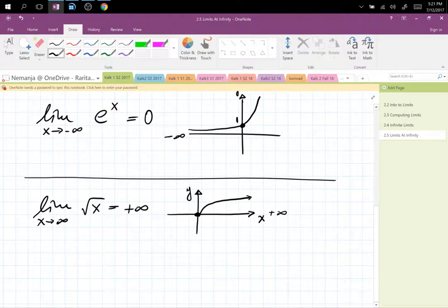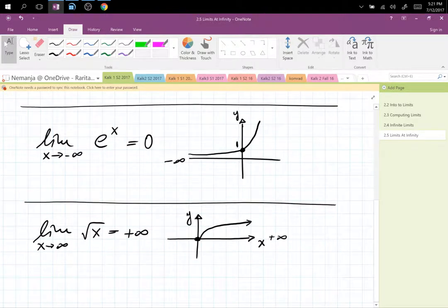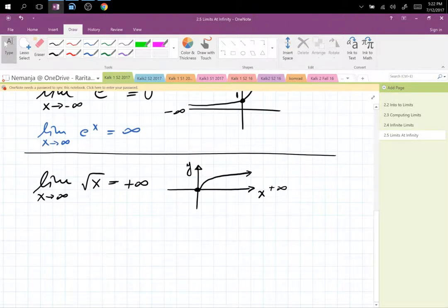If you have this kind of behavior, like an arrow shooting up, that's going to be positive infinity. Also I can ask for e to the x. Limit x approaches positive infinity for e to the x, and the answer is positive infinity. Very good. So these are going to be this easy. You look at the graph, if you can graph the problem, and you solve it quickly.